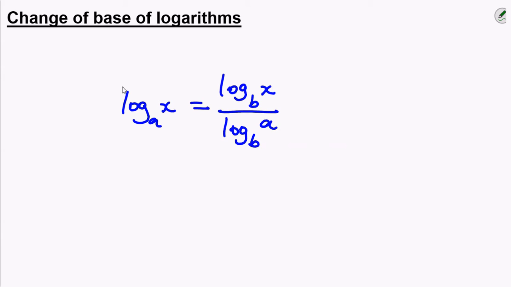So when you change the base of logarithms, the x goes up and the a goes down. It's just as simple as that. I'll look at some examples to show how this works.